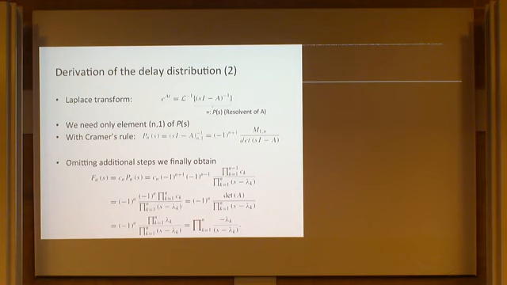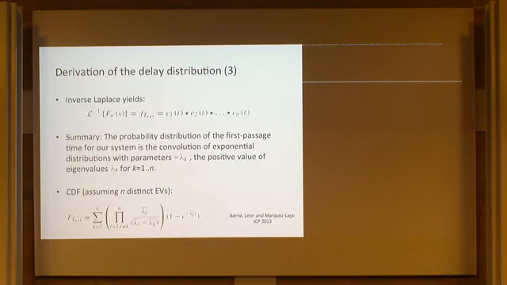And then we apply the inverse Laplace, and straightforwardly we obtain that our solution, the PDF, is a convolution of exponential distributions with parameters minus lambda k.